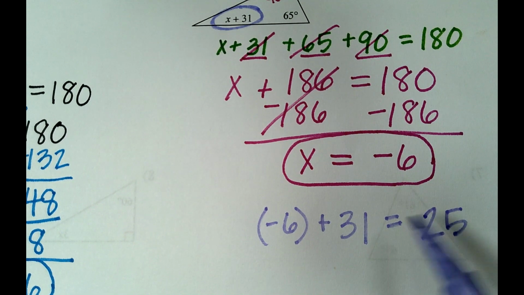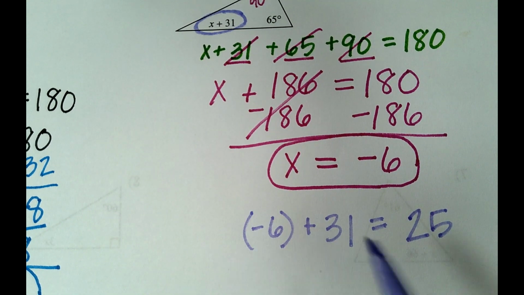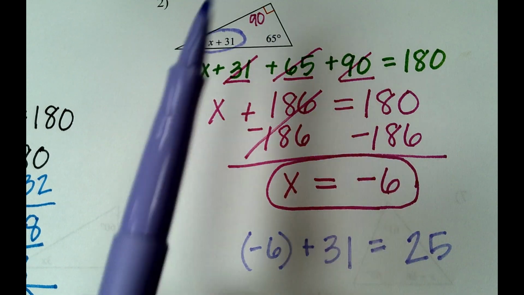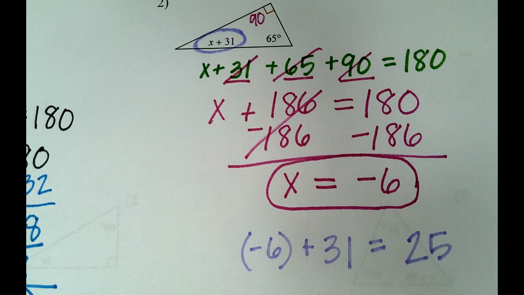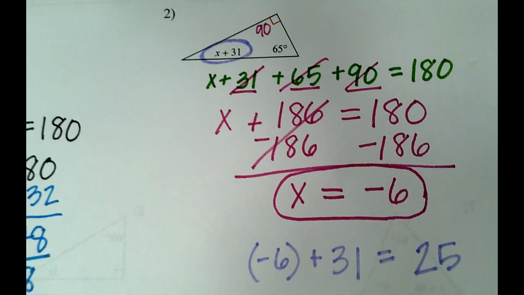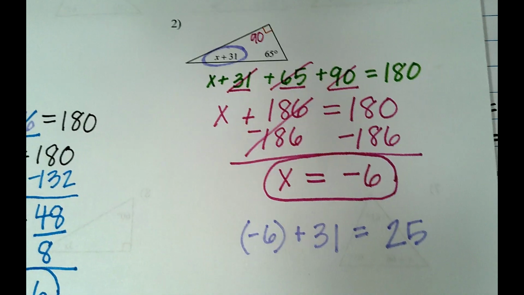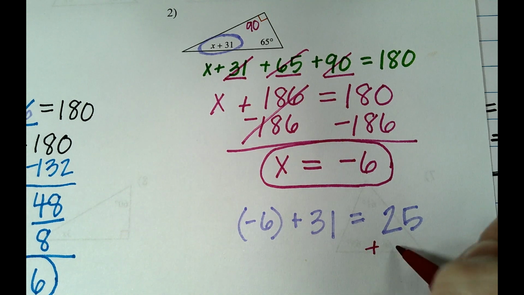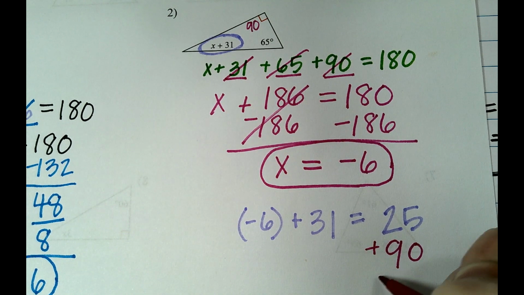And we can make sure that we know it's correct by taking 25 plus 65 plus 90, the three angles. Do those three angles add up to 180 degrees? Let's see. They do, don't they?